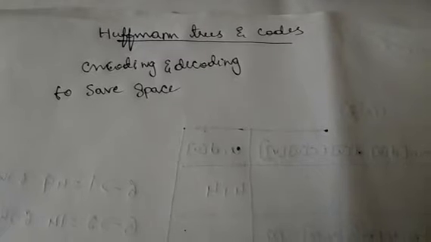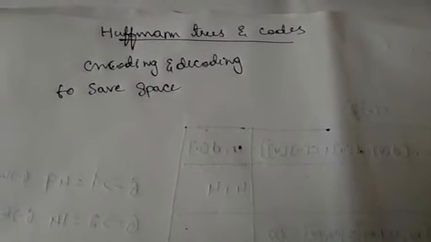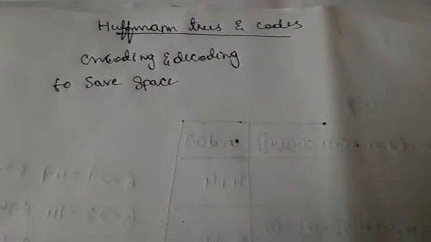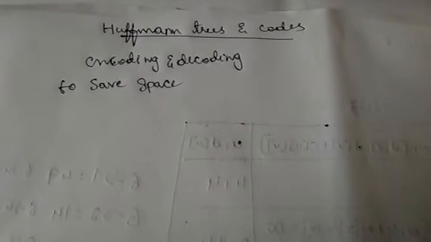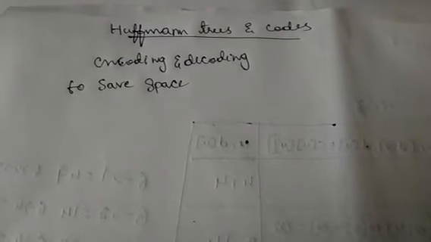You know encoding and decoding, that is encryption and decryption, which you have studied in your DCCN. The encoded message is received at the other end, and it can be decoded to get the original text or message.